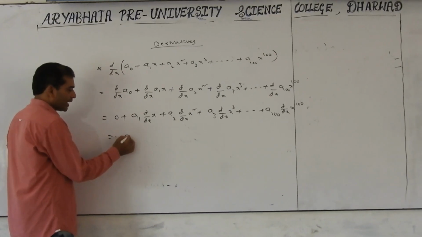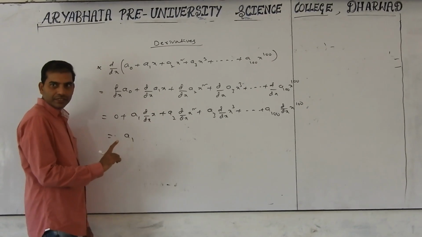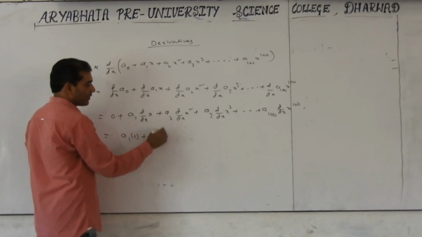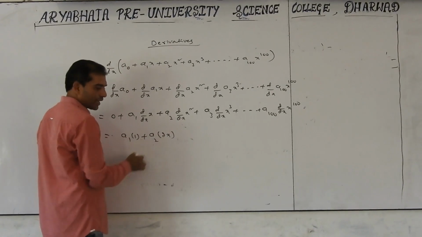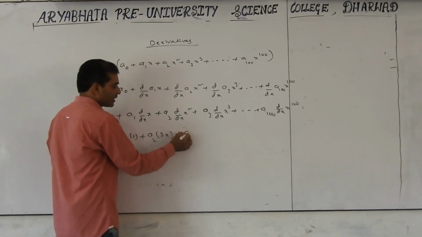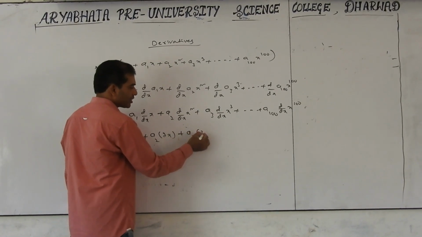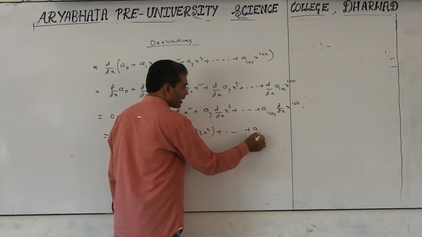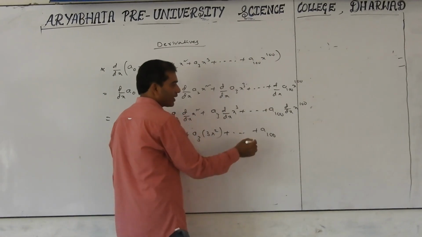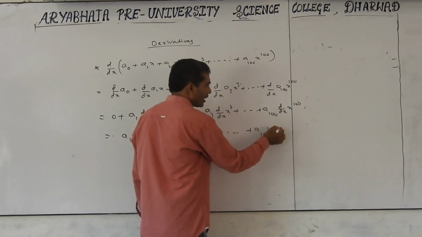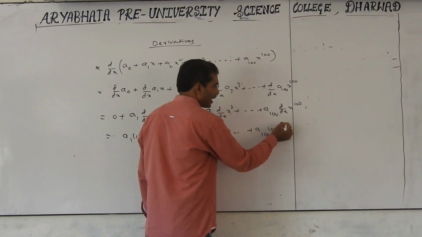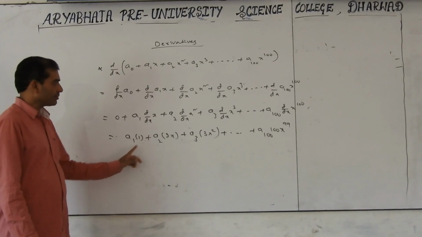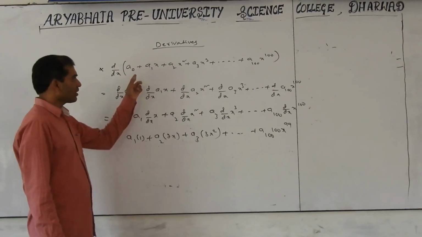Here a1, the derivative of x is 1, plus a2, the derivative of x square is 2x, plus a3, the derivative of x cube is 3x square, plus so on, a100, the derivative of x power 100 is 100 into x power 99. That is the definition of it.